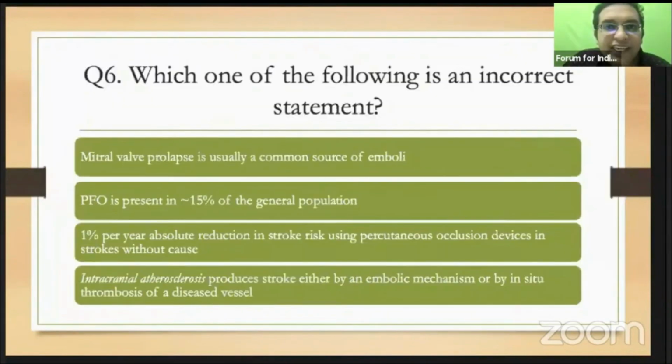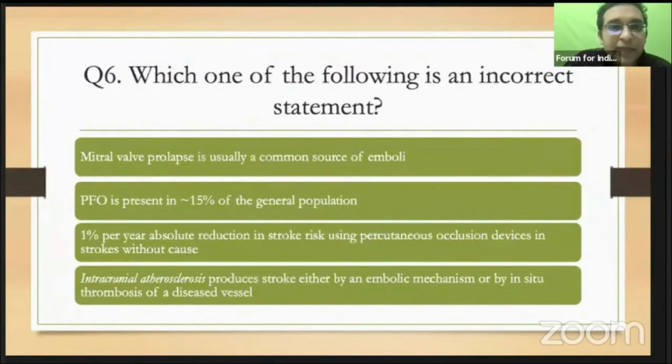Which of the following is an incorrect statement among the following? These are sentences taken from Harrison. As we can see, mitral valve prolapse is usually not a common cause of stroke, and PFO, as we think, is actually not a rare disease. It's usually common.